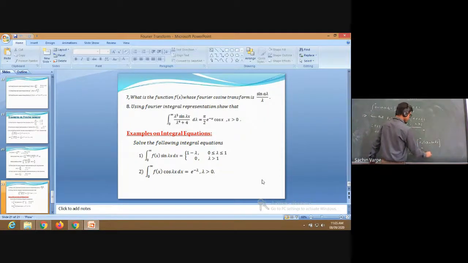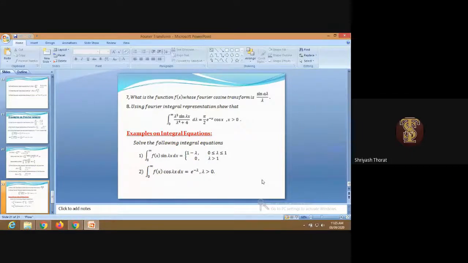So the integrand is 0, therefore the integration is also 0, and we'll have only one integral. f(x) equals 2 by pi integral from 0 to 1 of (1 minus lambda) sine of lambda x d lambda. Now you know how to solve this integral, right? Using integration by parts.